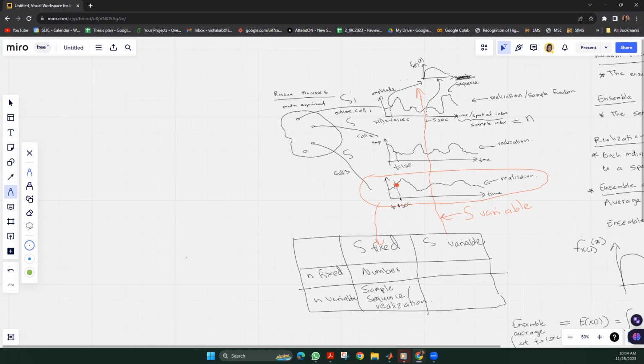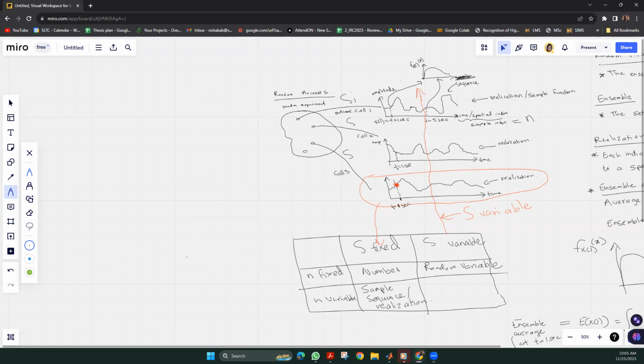Anyway, what we get at a certain time instance is a set of different amplitudes of the signal which correspond to a certain random variable. So the random variable is what we get when we consider all the different realizations under a certain time instance.